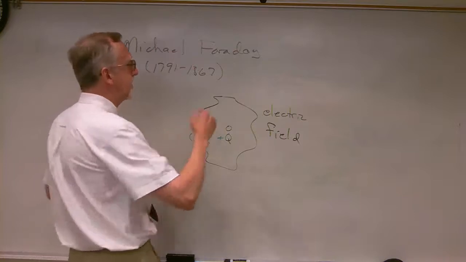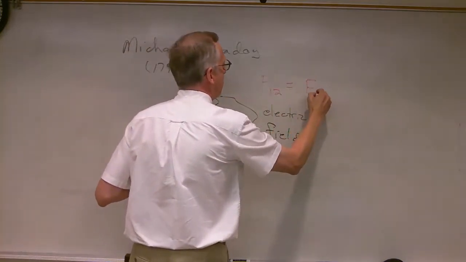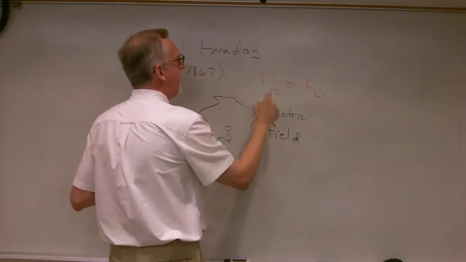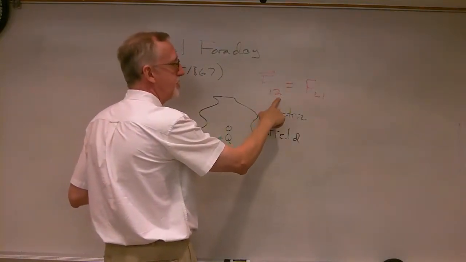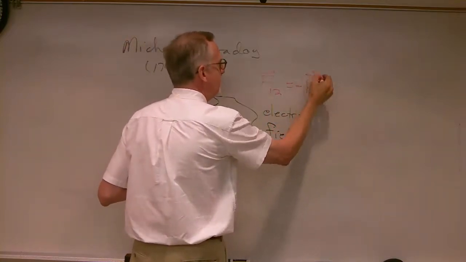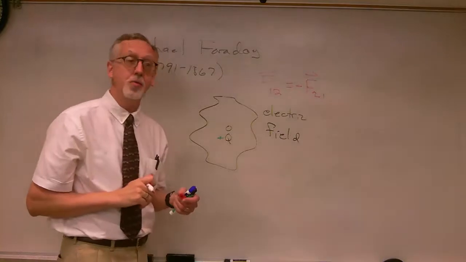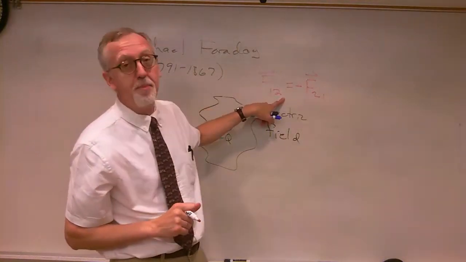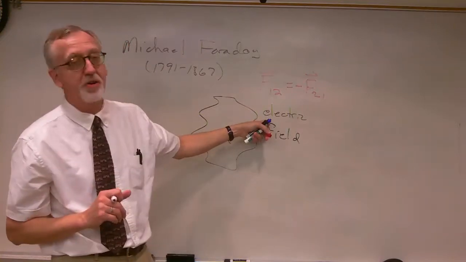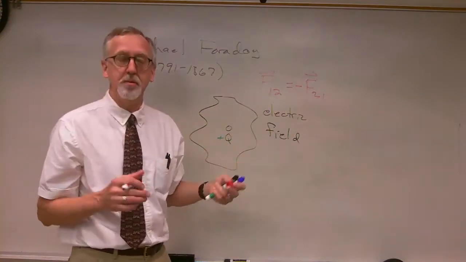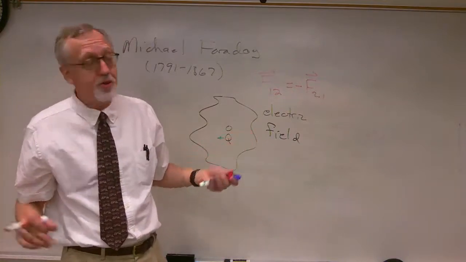To write it simply, the force F12, the force on object 1 due to object 2, is the negative of F21, the force on object 2 due to object 1. So by using this electric field, what we have just done is violate Newton's third law. So what's wrong with violating Newton's third law?